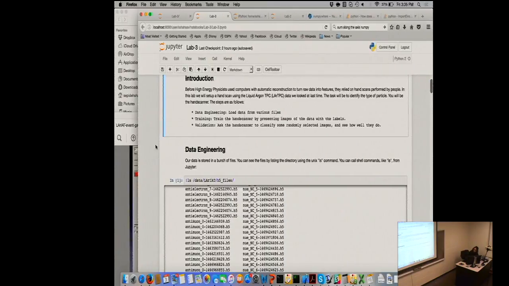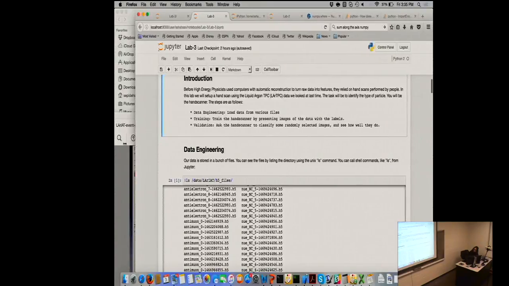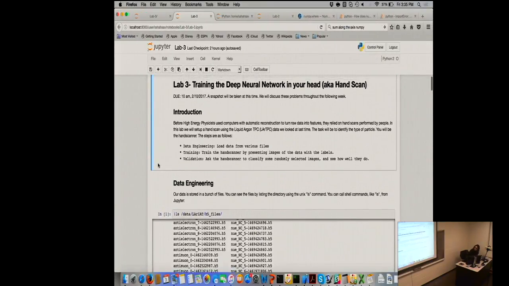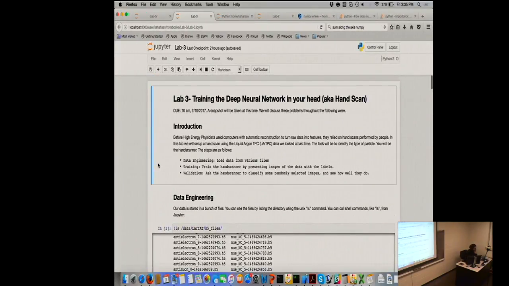Reload it and see where it's stuck. No, it's not working.